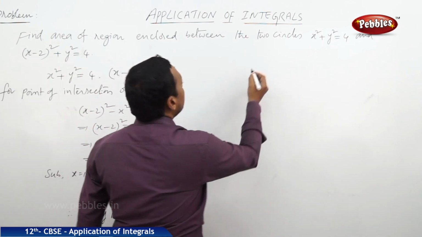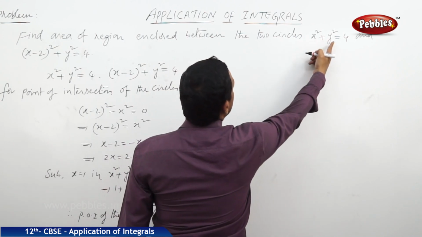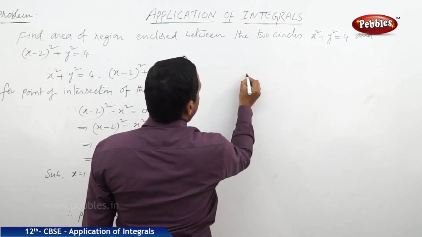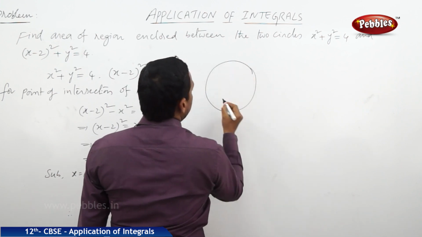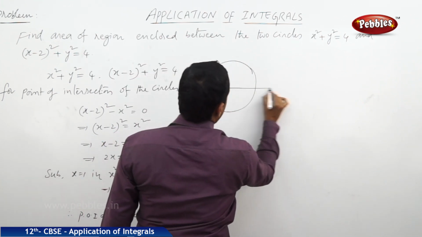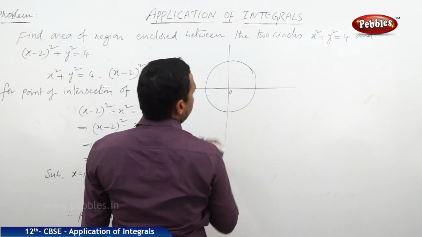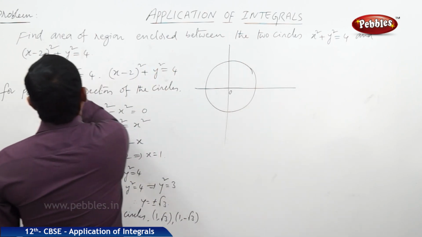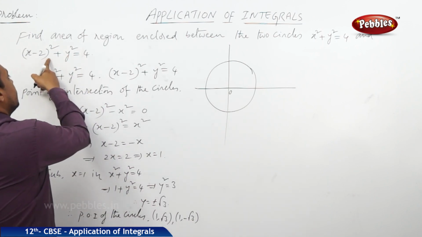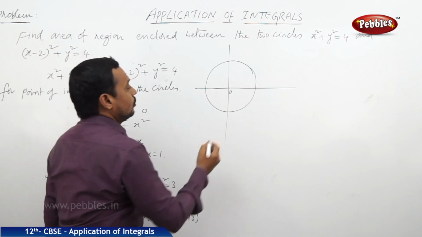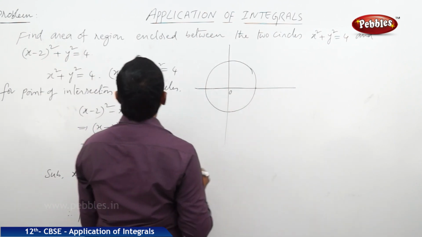Now, let us draw the graph of these two curves. One circle has its center at the origin with radius 2 units. And the second one is (x minus 2) whole square plus y square is equal to 4. Now, the center of the circle is (2, 0), that is 2, 0 here. It is the point.